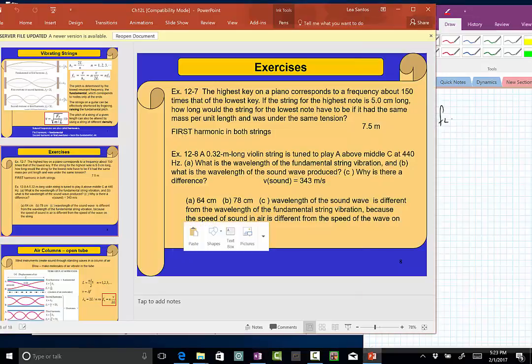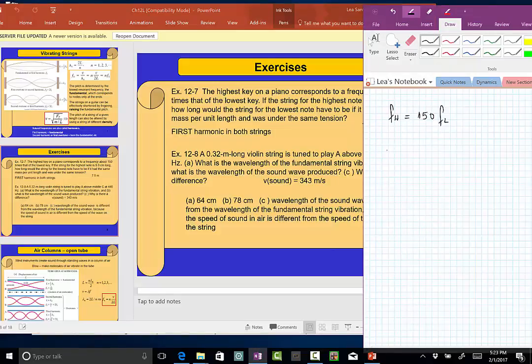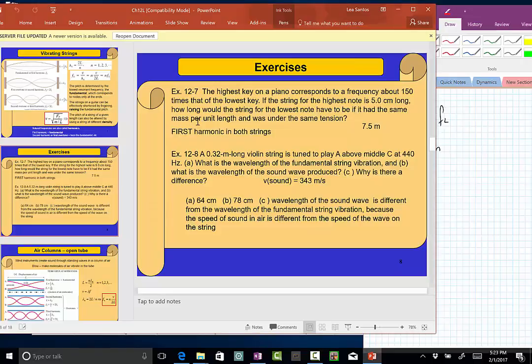If the string of the highest note is 5 centimeters long, so the length of the highest one is 0.05 meters, the question is, how long would the string for the lowest note have to be if it had the same mass per unit length?